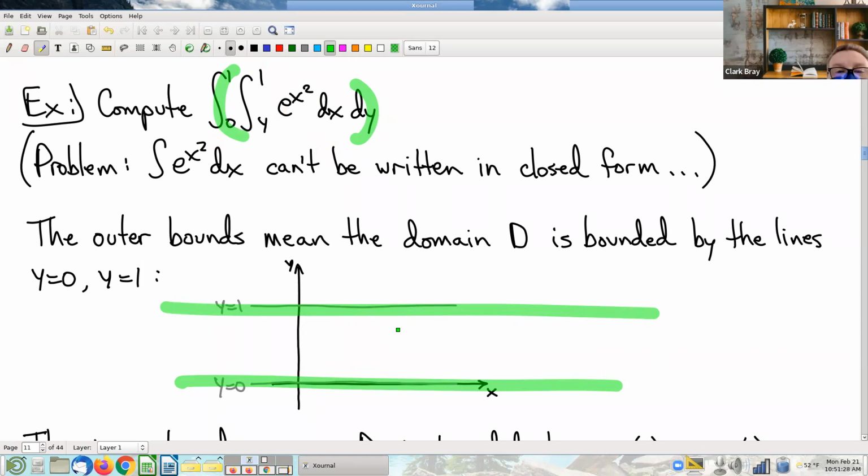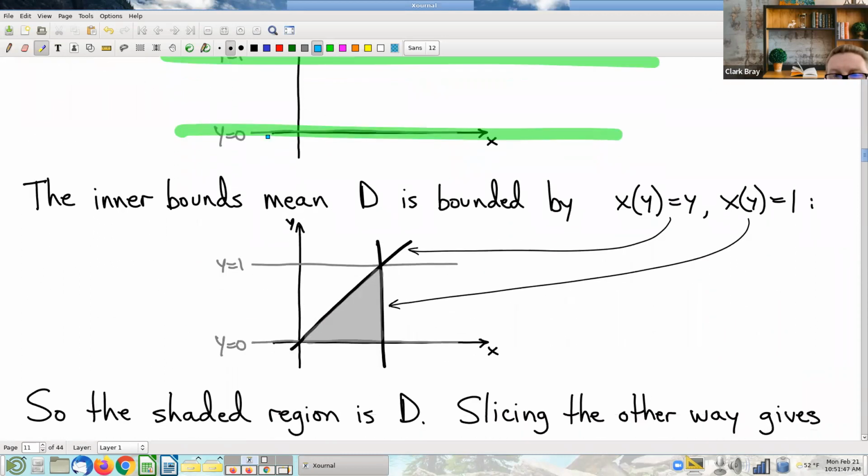Okay. All right, next, x, the lower bound for x is y. Said differently, the lower bound point is on the curve x equals y. Oh, you know what? Let me recopy.